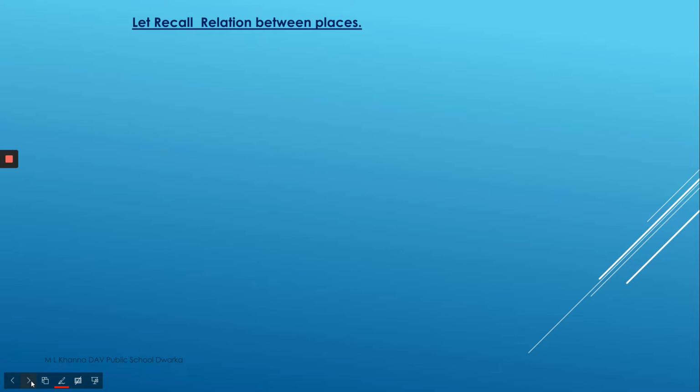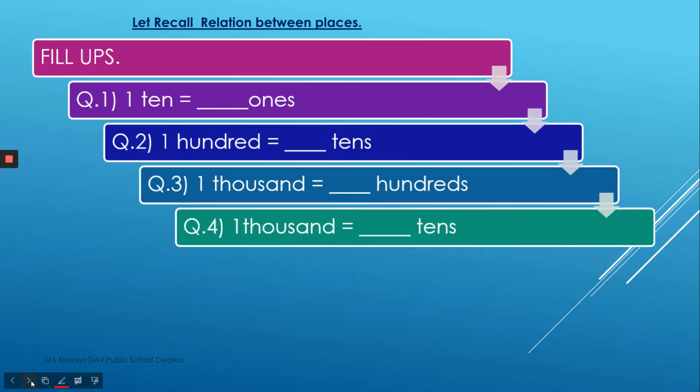Now let's recall relation between places. Now tell me 10 is how many ones? Yes, 10. 100 is how many tens? 10 tens. 1000 is how many hundreds? Yes, 10 hundreds.